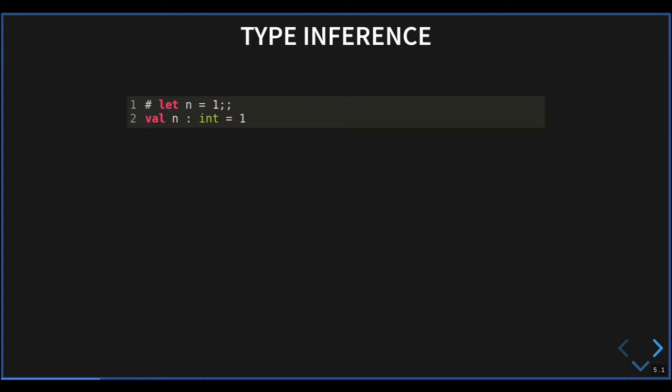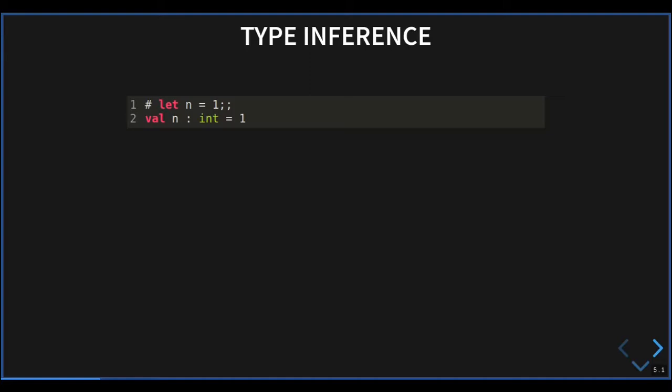Notice also that there is a double semicolon at the end. This is required in the interactive mode to mark the end of an expression you want to evaluate, but it is not required in code we write in a file.